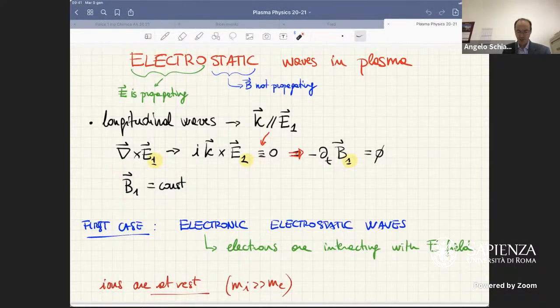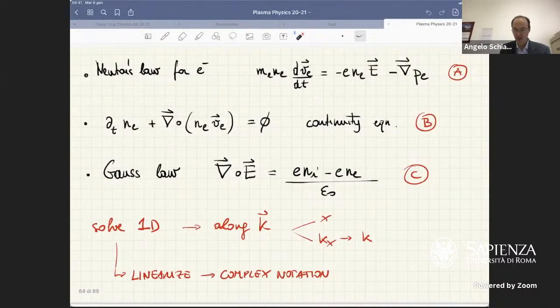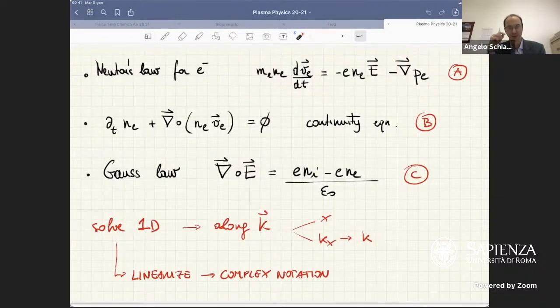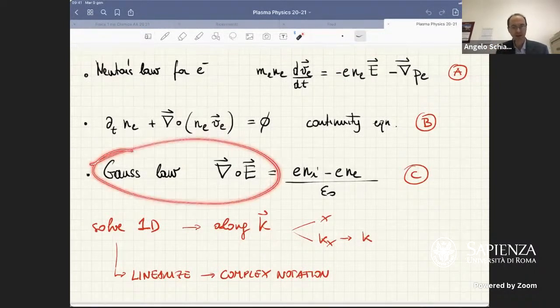And in order to obtain the dispersion relation for these waves, we use 3 equations. One for the motion of the electrons, which are the particles involved in these electrostatic waves. Then we have a source term for the electric field.